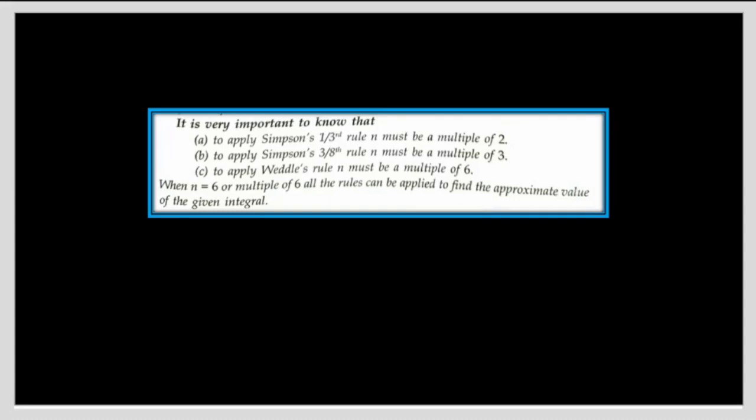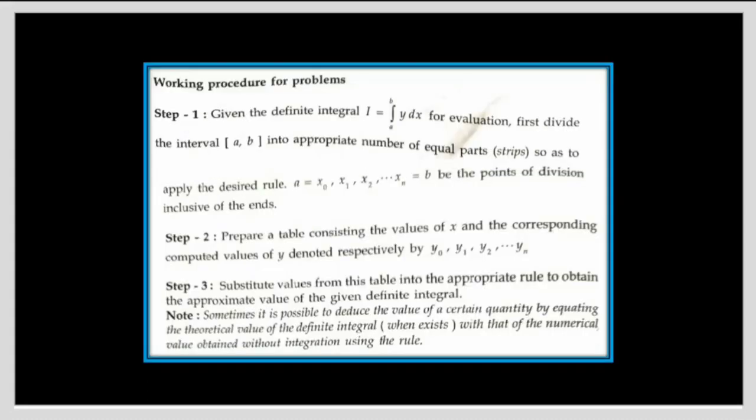Let us see what kind of problems we'll get. This is the procedure. First, write the given integral and divide the interval into some number of equal intervals, as you wish, based on a and b.